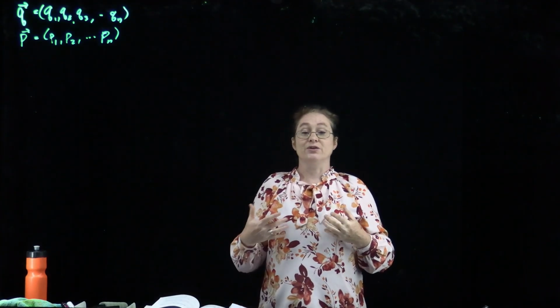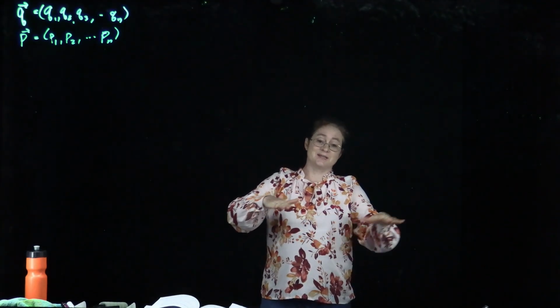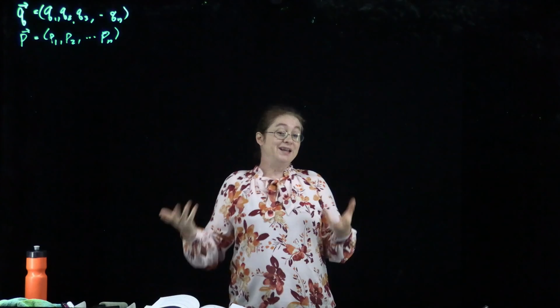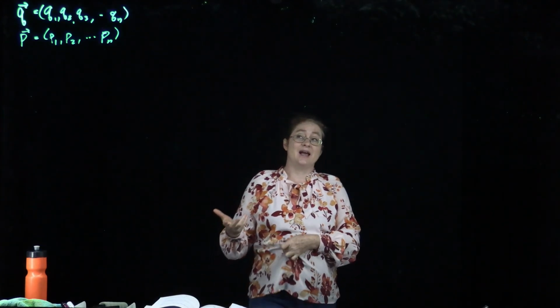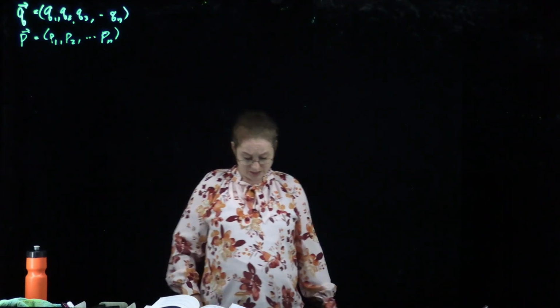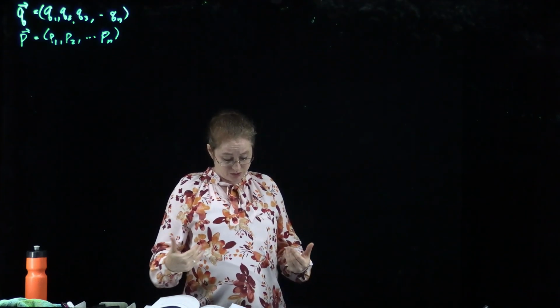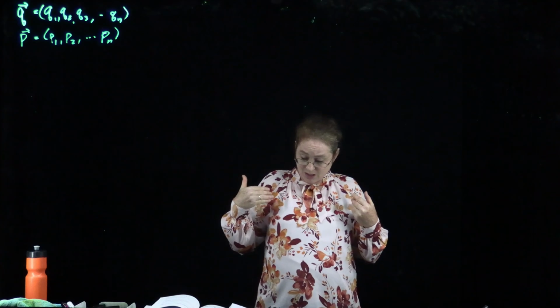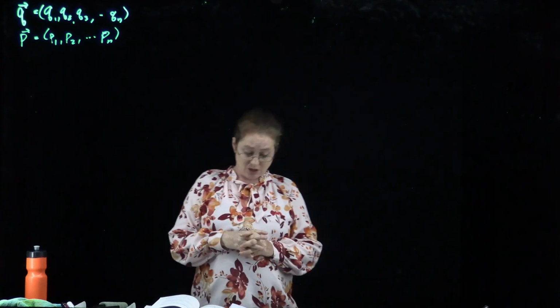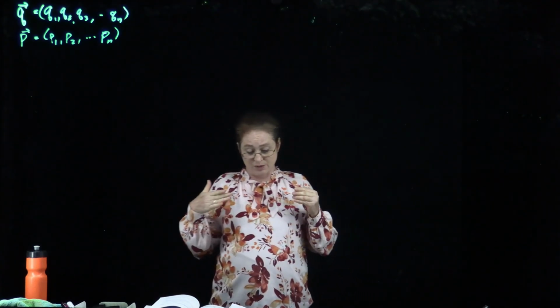You can also have other examples, like a ball bouncing up and down on the floor. The constraint is that it cannot go through the floor. We can't write that mathematically as an analytical function that we can take derivatives of. It's an inequality, so that is a non-holonomic constraint.